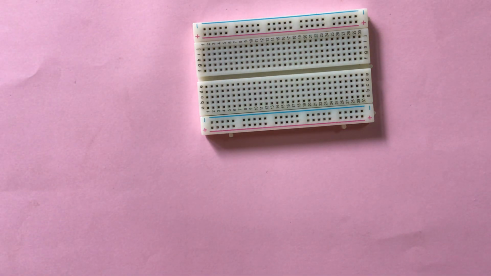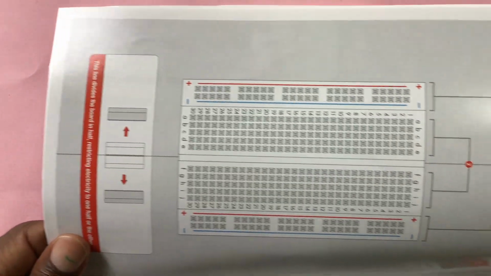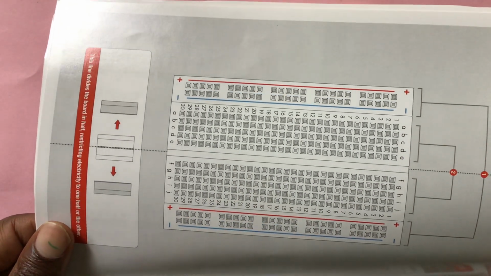So the breadboard has connections which are internal, and these internal connections are the ones that help us connect different components in our circuits. So I am going to show you the breadboard itself. This is actually how it's connected.